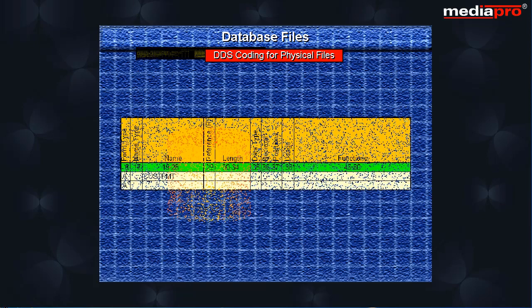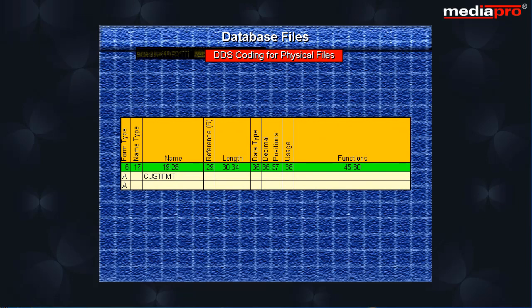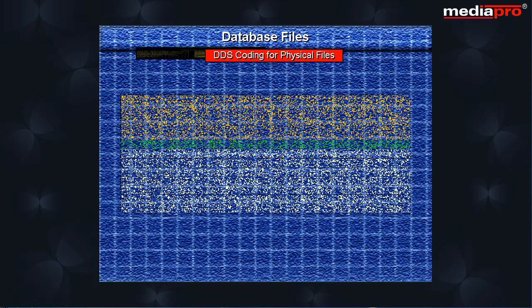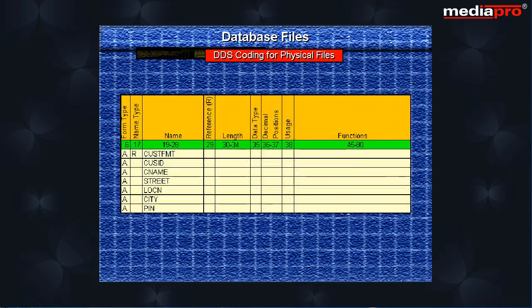First of all, we give a name to the record format, say customer format. We write this in columns 19 to 28. We write an R in column 17 to indicate that the entry in columns 19 to 28 is a record format name. Next, we define each of the fields in the record format.